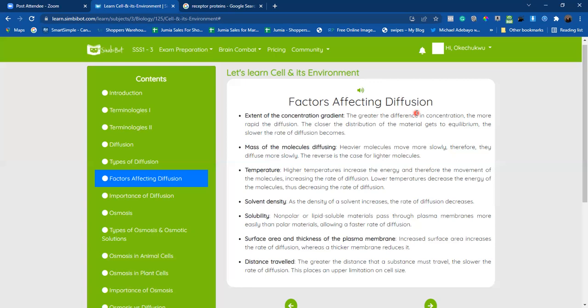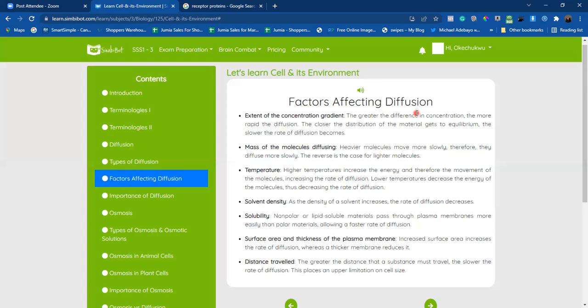But as the concentration reduces from there, the diffusion gets slower. The higher the concentration in a particular area, the higher the diffusion. That's what the extent of the concentration gradient means. Just get it at that basic level.